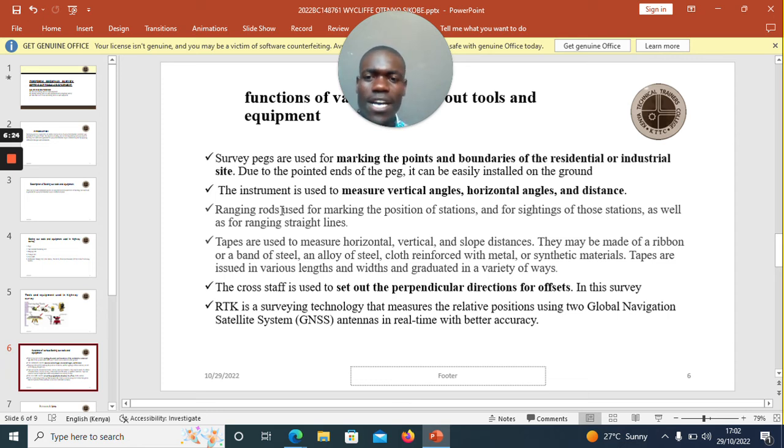Tapes are issued in various lengths and widths and graduated in a variety of ways. You can get a tape with 50 meters, 100 meters, 75 meters, and so on. It depends on the manufacturer. Are we together?